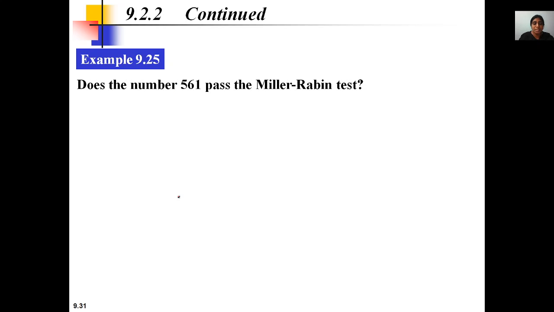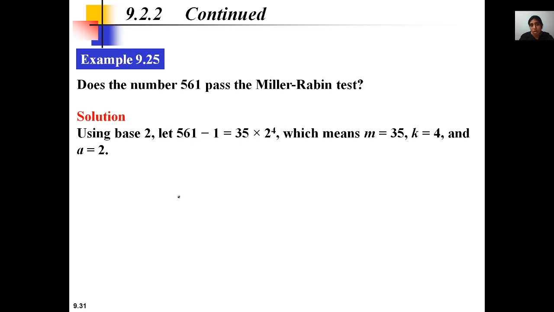So let us take 561. In the previous example, you have noticed that 561 is not a prime number, but a composite value. So let us see whether the Miller-Rabin test works and shows it as a composite number or not.